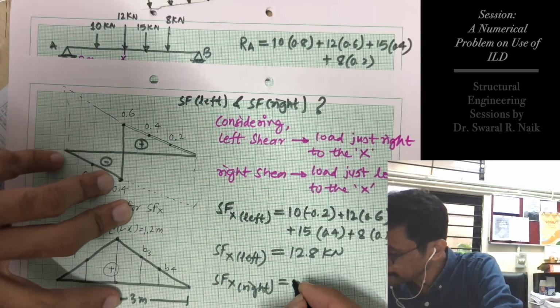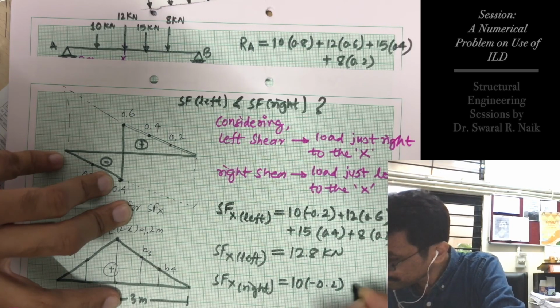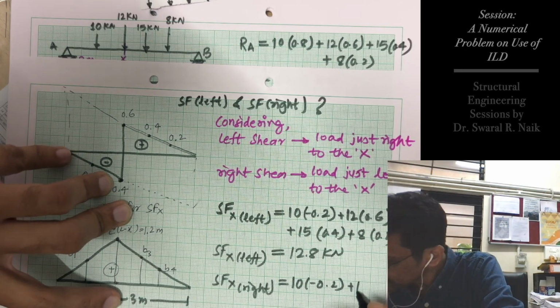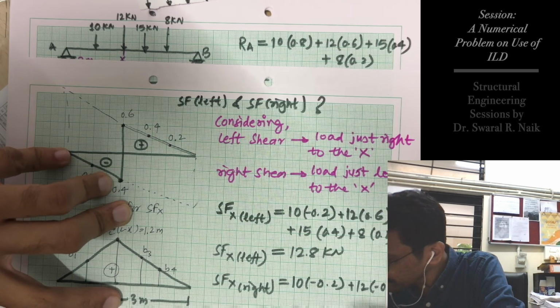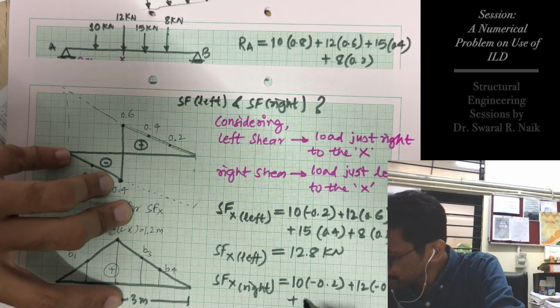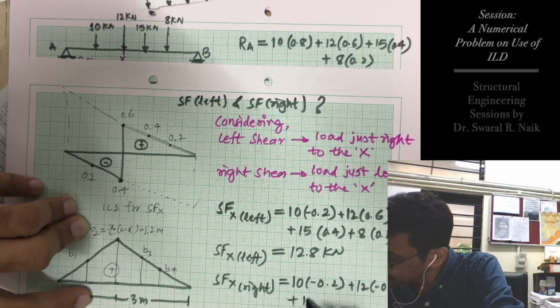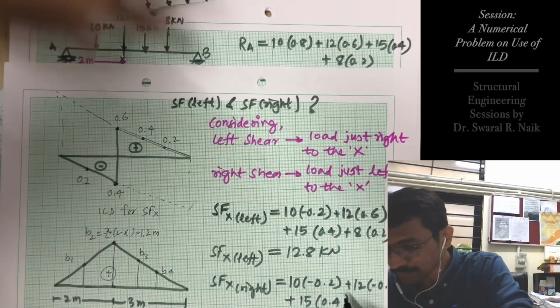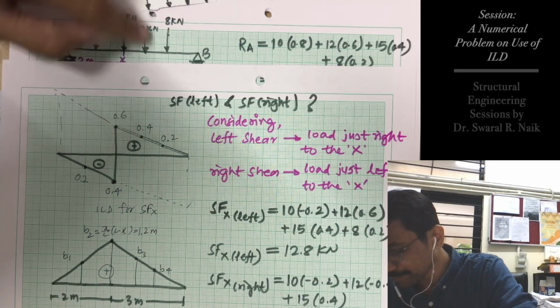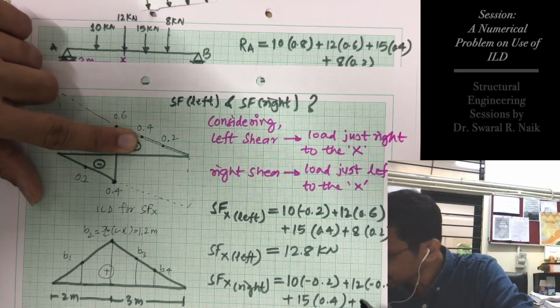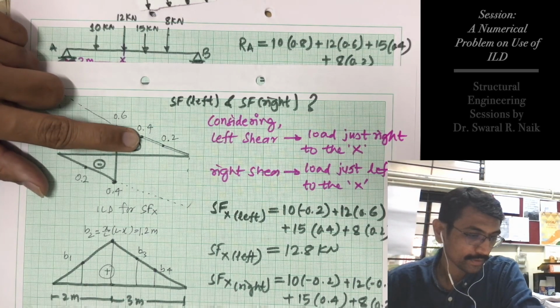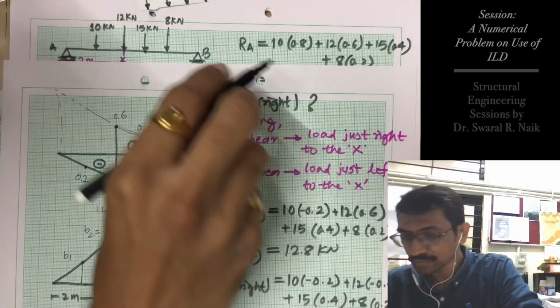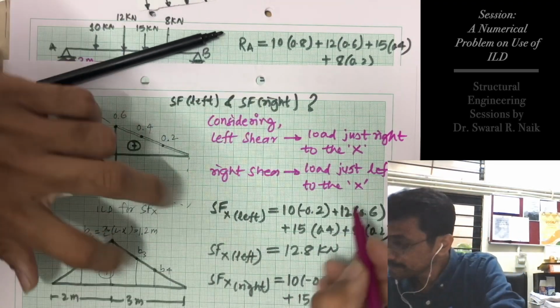So it will be having 10 into minus 0.2 plus 12 into minus 0.4 plus 15 into 0.4, because this 15 is here, 0.4, plus 8 into 0.2. Correct. So this was the critical thing.